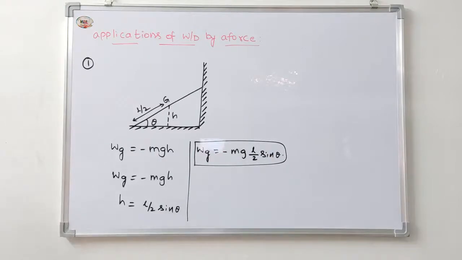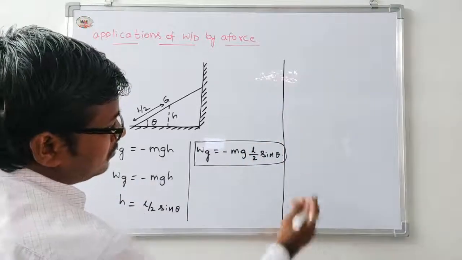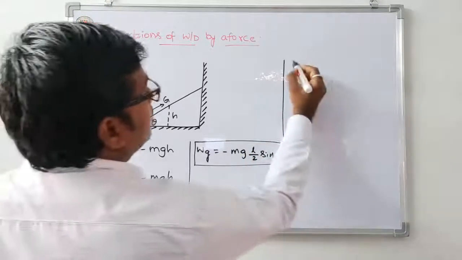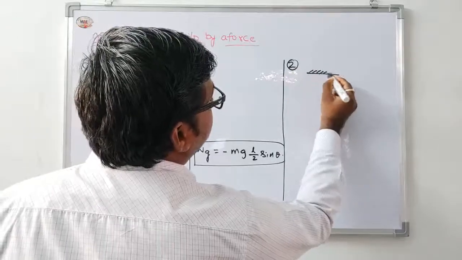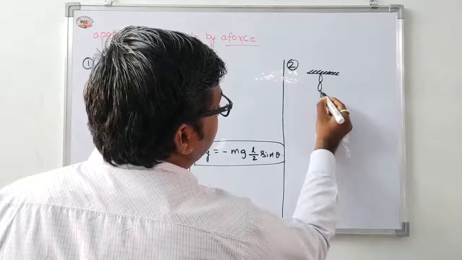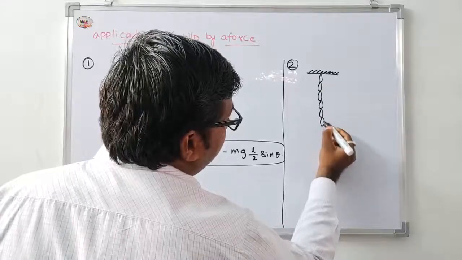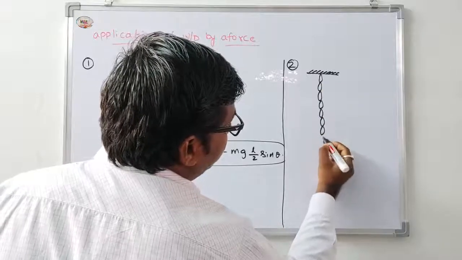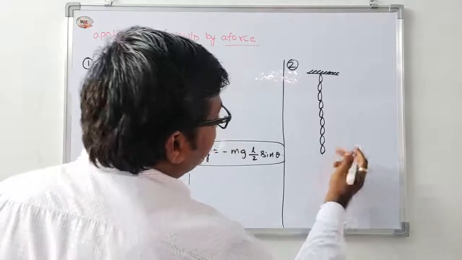The next, second application: a uniform chain of mass m and length L is suspended vertically.